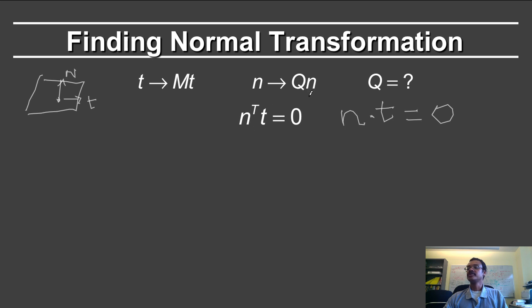So n' is equal to Qn, and so let's transpose that. Now when you transpose the individual elements, you invert the order in which they apply. So this will be equal to n transpose times Q transpose.